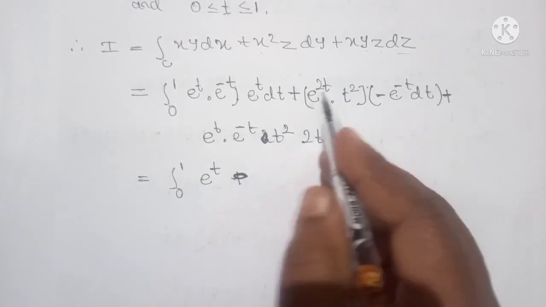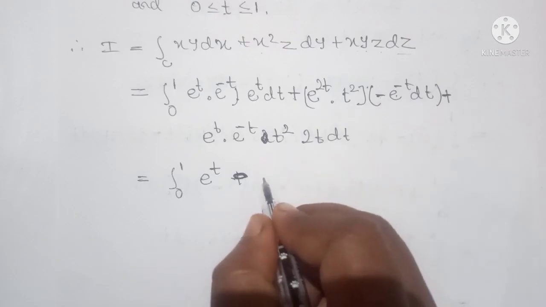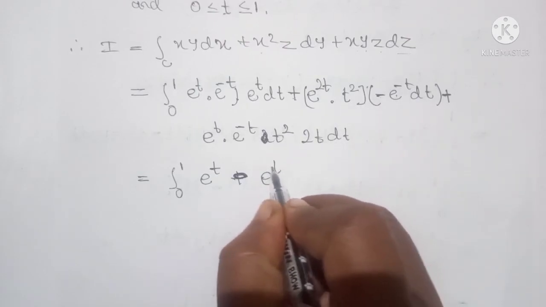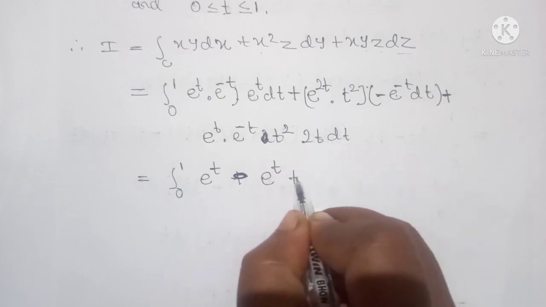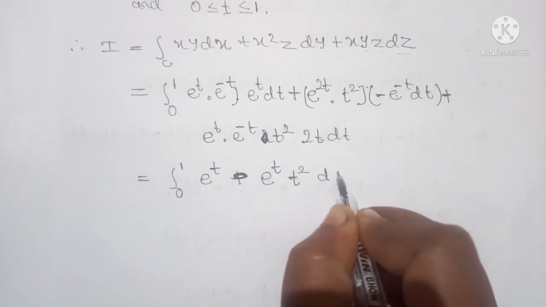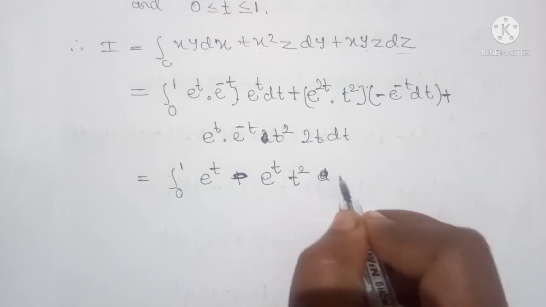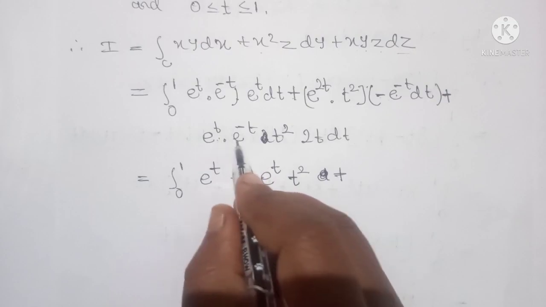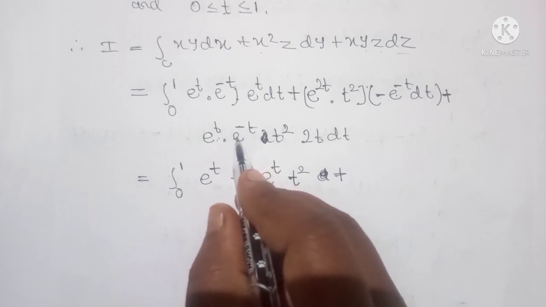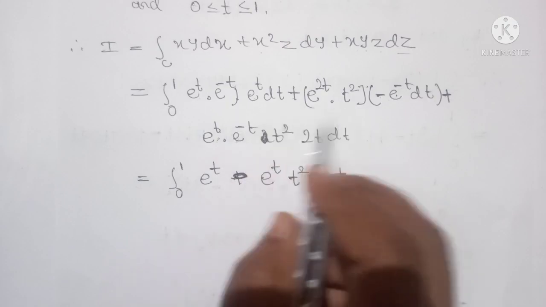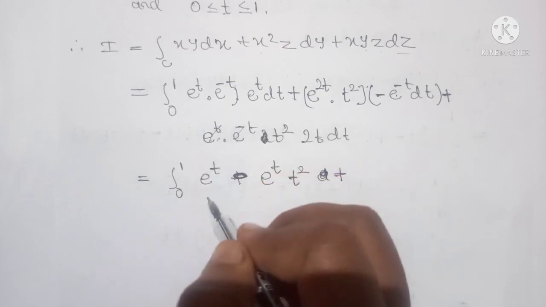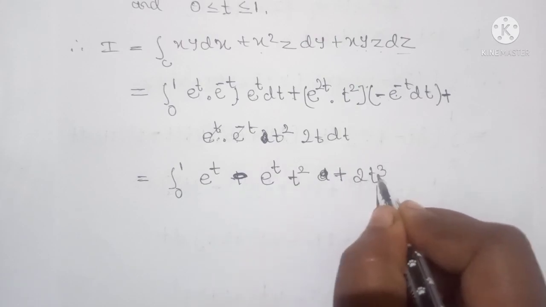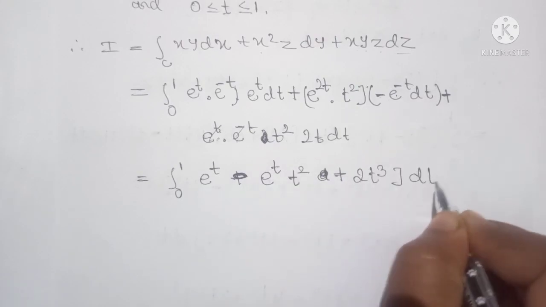So e power 2t minus t gives e power t, into t square, and we write dt afterwards. Now e raised to t and e raised to minus t give e power 0, which equals 1, or you can say these two get cancelled. So we get 2t cube. Now we write dt here.